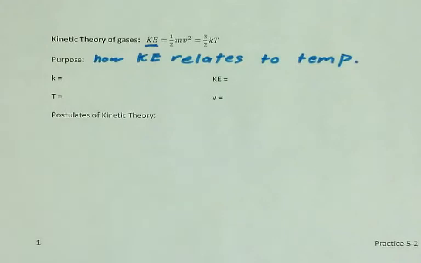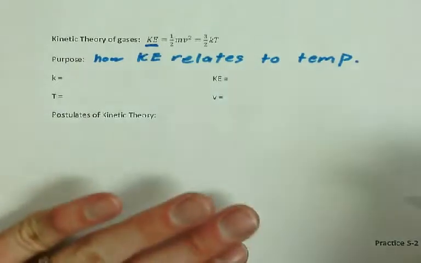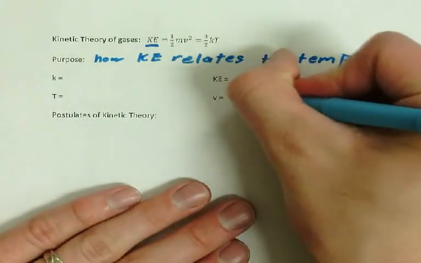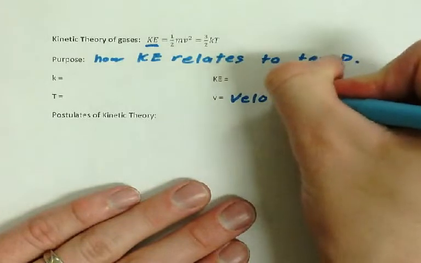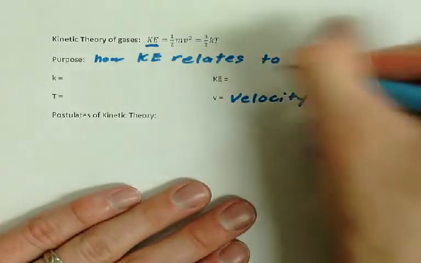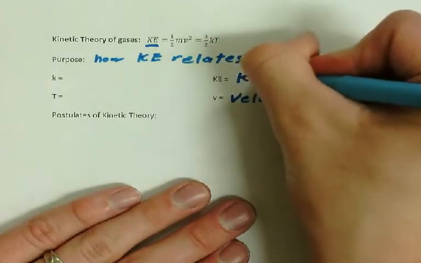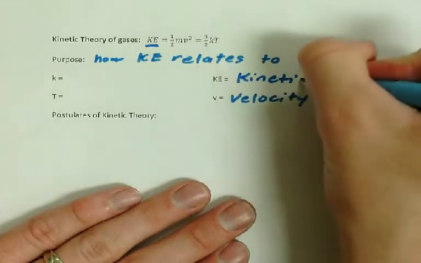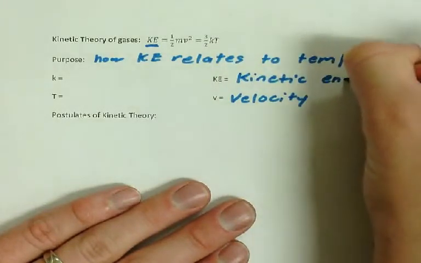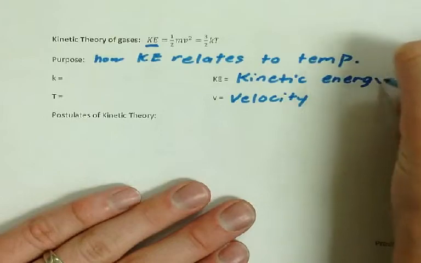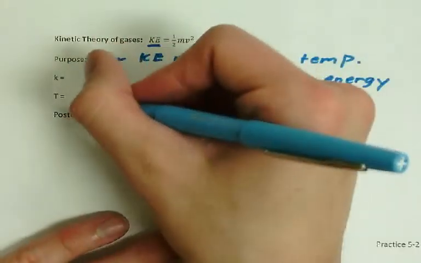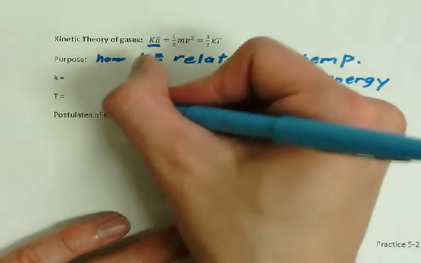So, what are all these things? Well, let's start with the easy ones, and then we'll work our way to the harder ones. V is velocity. KE is kinetic energy. Capital T, not lowercase t, capital T is temperature.